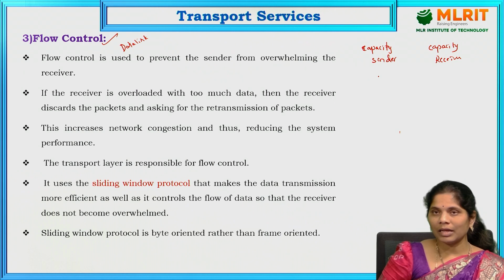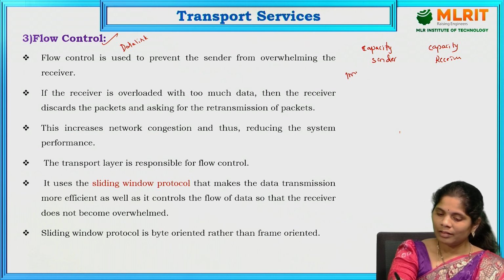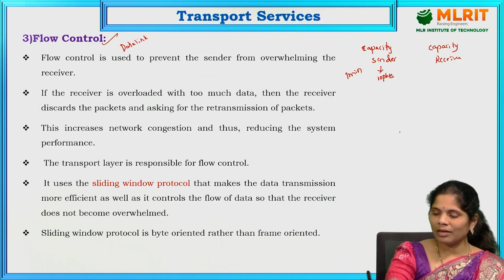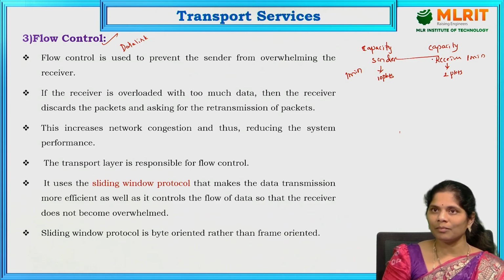Suppose within 1 minute the sender can send 10 packets, but the receiver can receive only 2 packets within 1 minute. Is the capacity of the sender and receiver the same? No. So there may be a chance of overwhelming the data.